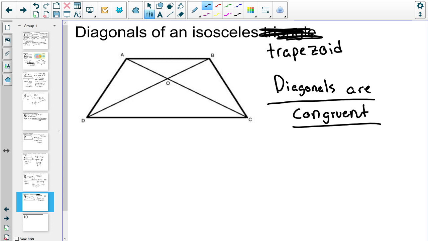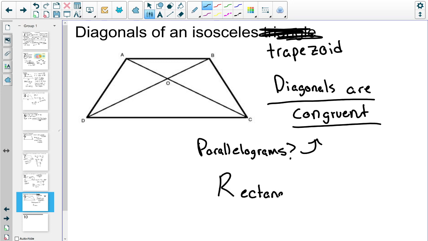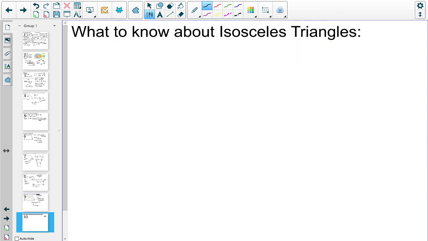Which one of the parallelograms was it that had diagonals that were congruent? Starts with an R. Rectangle, right? The rectangle has congruent diagonals, and similar to the rectangle, the isosceles trapezoid has congruent diagonals. And that's really the only big one to remember here. So you guys are in luck. You don't have a major list of properties for there.